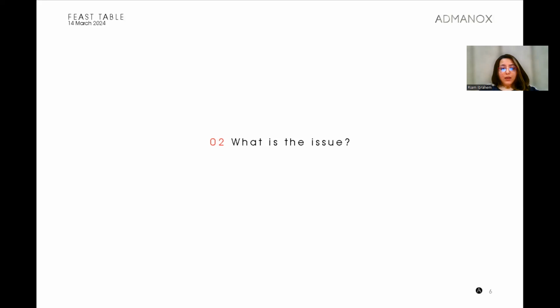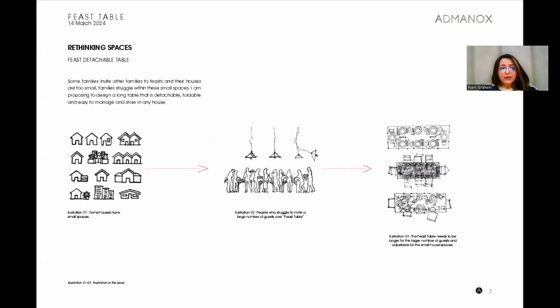And I was looking at the idea of a detachable table for small spaces.